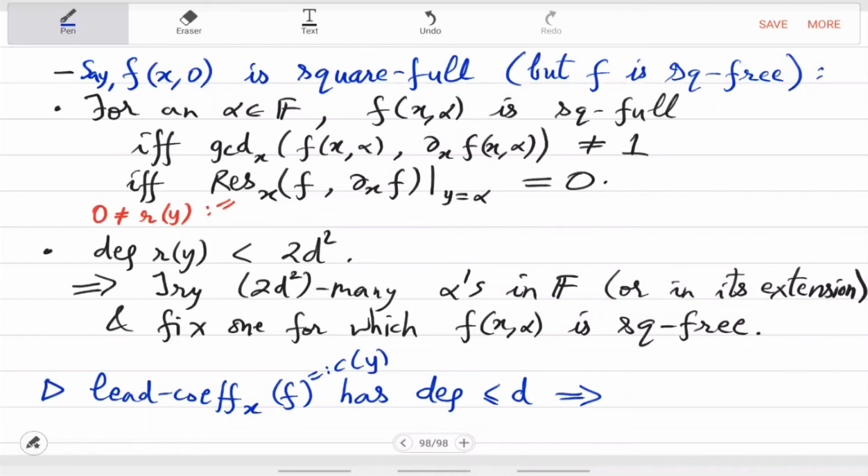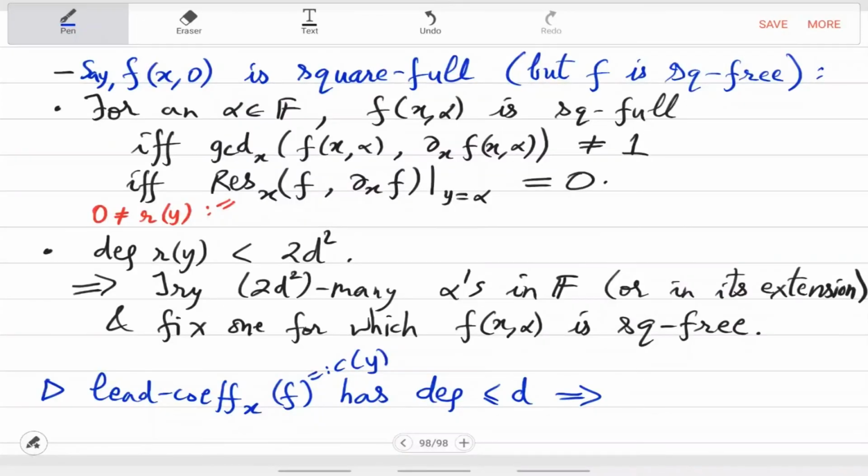So, if you try out again d plus 1 many alphas, for one of them the leading coefficient will not vanish. So, you will be interested in those alphas. Combine all these observations.